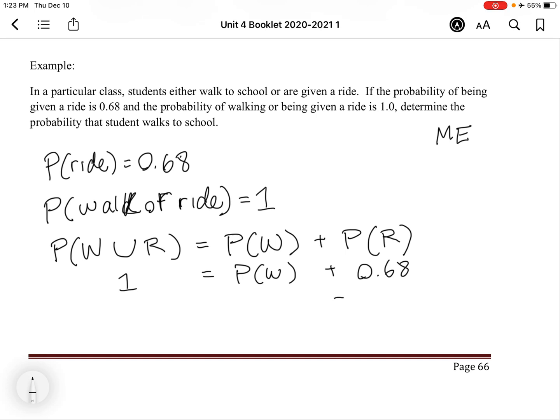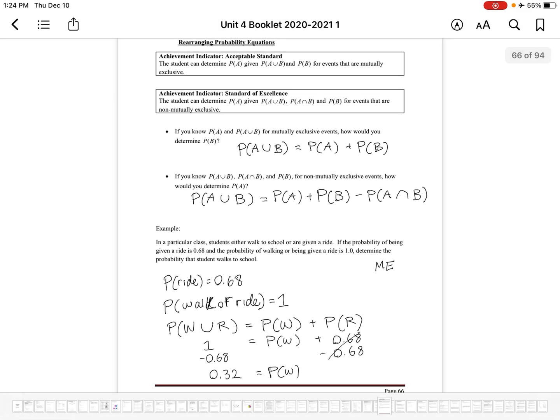Well, now we can solve for P walk, right? We just have to subtract 0.68 from both sides, and we end up with the probability of walking is 0.32. Okay? All right.